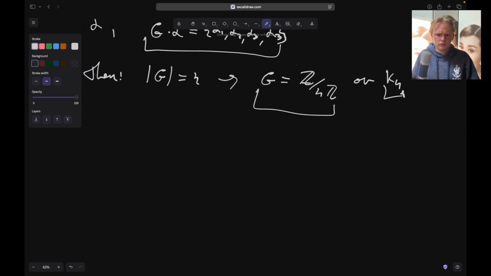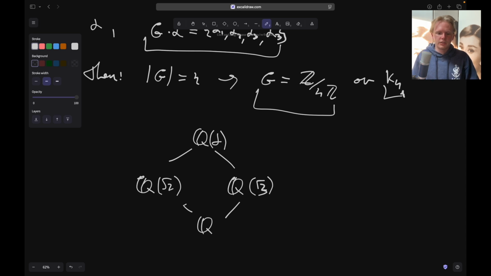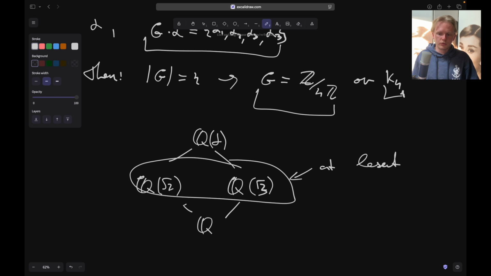And what we have is, between Q and our field, Q(root of 2) and Q(root of 3) in between, and that means that we have at least 2 subgroups. There can be more, but we have at least 2.